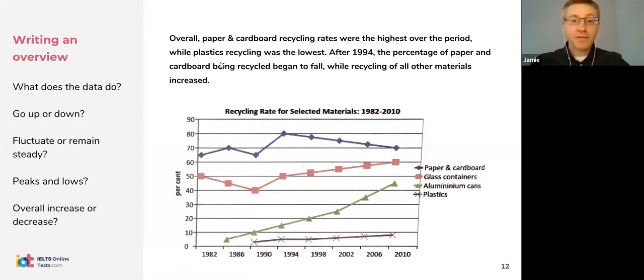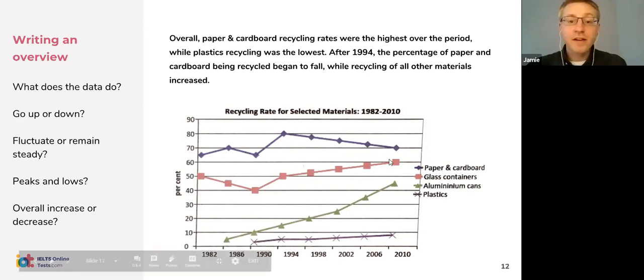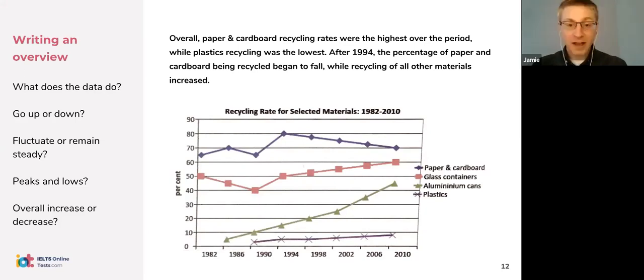After 1994, the percentage of paper and cardboard being recycled began to fall. Recycling of all other materials increased. So here, I focused on 3 main points. Paper and cardboard being high, plastics low, and the change from all other materials increasing.